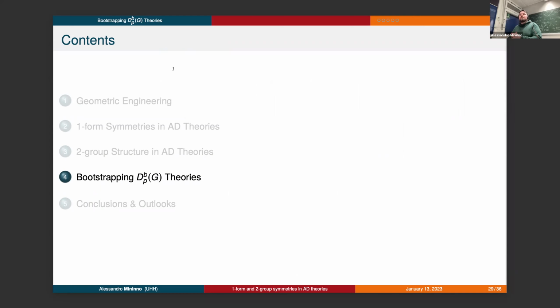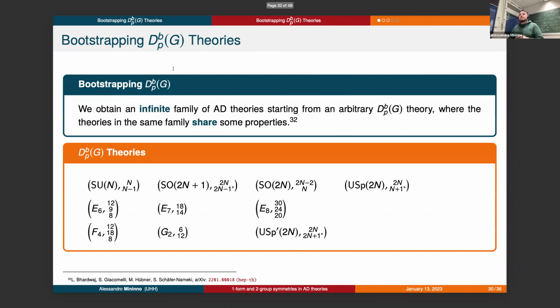And this is what we call bootstrapping, which is again a reinterpretation of what has been studied in detail in this very nice paper, which, as you see, I mentioned. So the bootstrapping of a DPG is that an infinite family of Argyres-Douglas theories can be obtained from an arbitrary DPG theory, but where the theories in the same family share some properties.